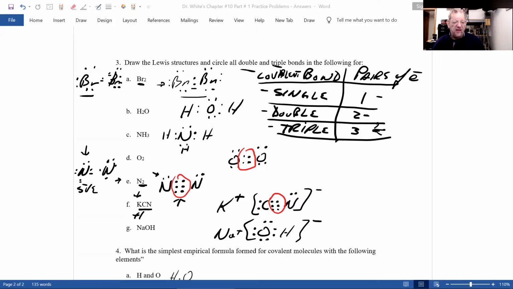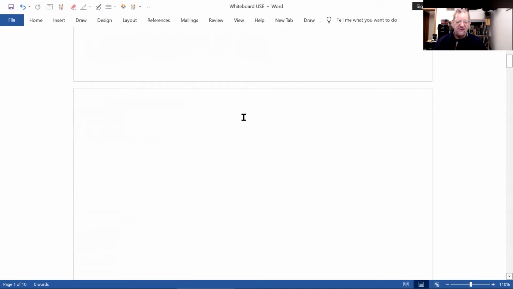But anyways, all alkali metals form a cation. So if you're asked to draw the Lewis structure of potassium cyanide, KCN, what do you do? Well, you go to a place where I have more room to write. Again, you're asked to draw the Lewis structure.